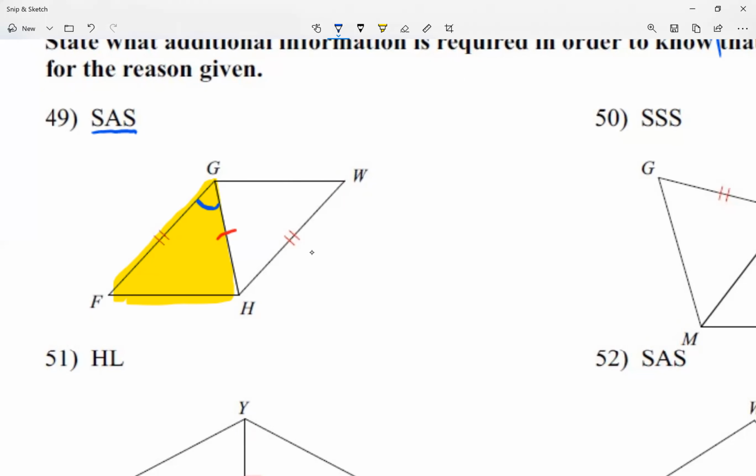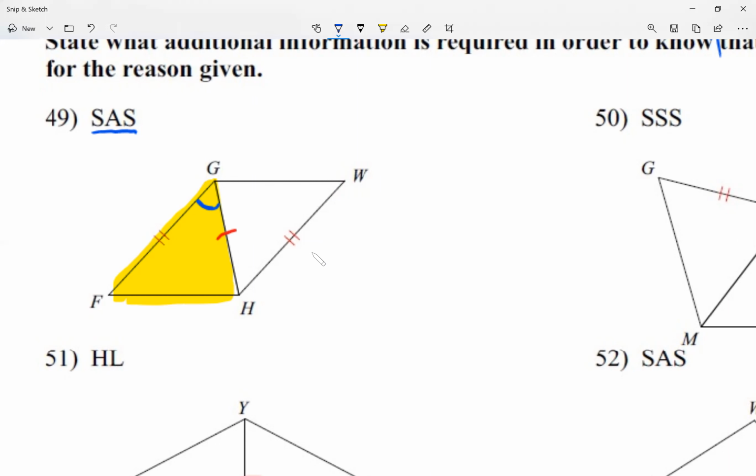Now, when it comes to angles, I can call it 1 letter or 3 letters. I could call it just angle G. The only problem is that I cannot use the 1 letter if there are multiple corners at G. And yeah, there are multiple corners for G. So in this case, I cannot use 1 letter.